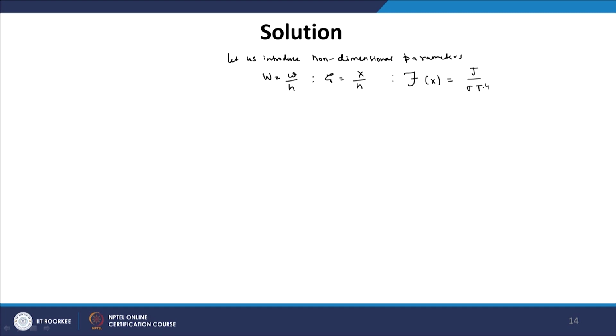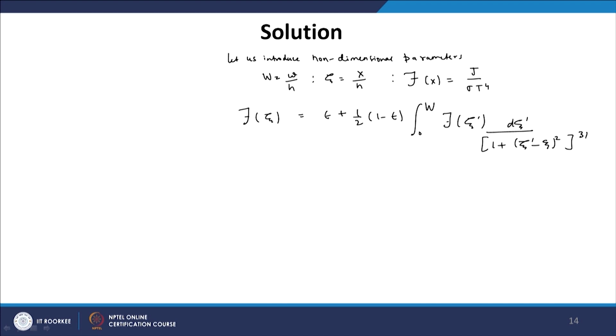Okay. So, the governing equation for the radiosity then becomes, this will be a function of zeta, and this will be equal to epsilon plus 1 minus epsilon integral 0 to capital W of phi of zeta prime d zeta prime, 1 plus, okay.